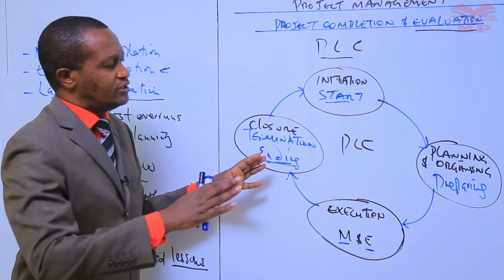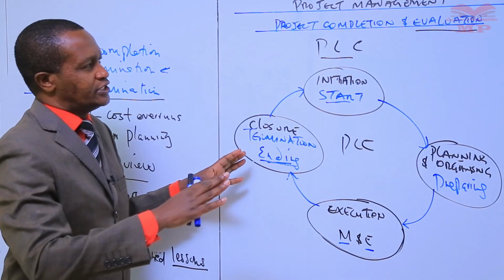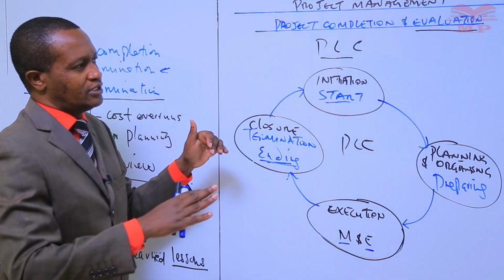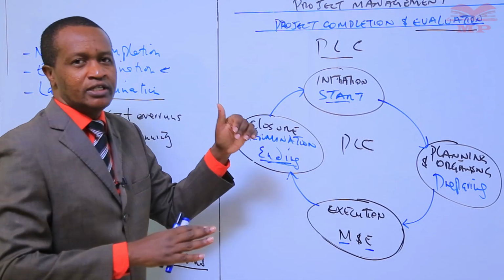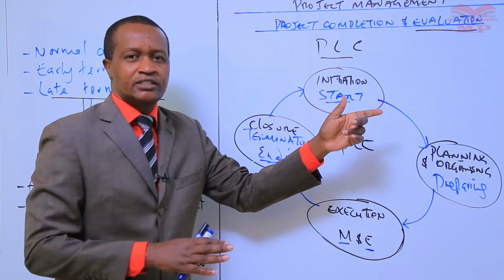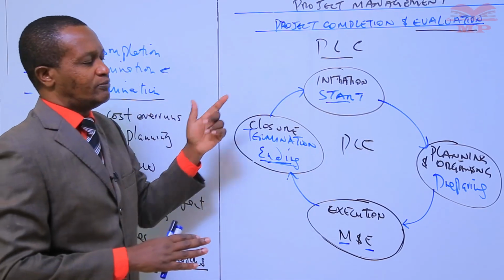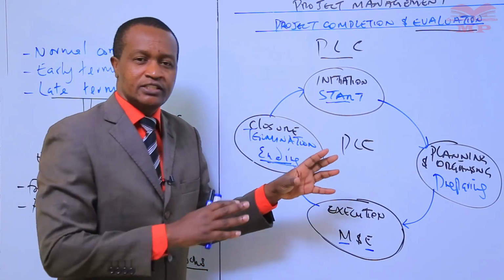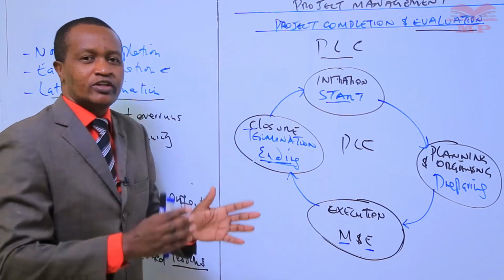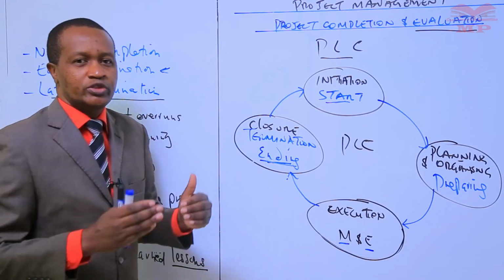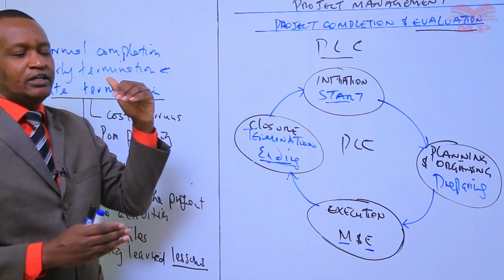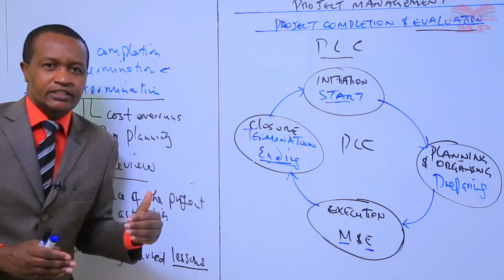So if there is any contract between the company or the project firm and, say, suppliers of materials or any procurement of services, then such contracts must be brought to closure before the project is completed.